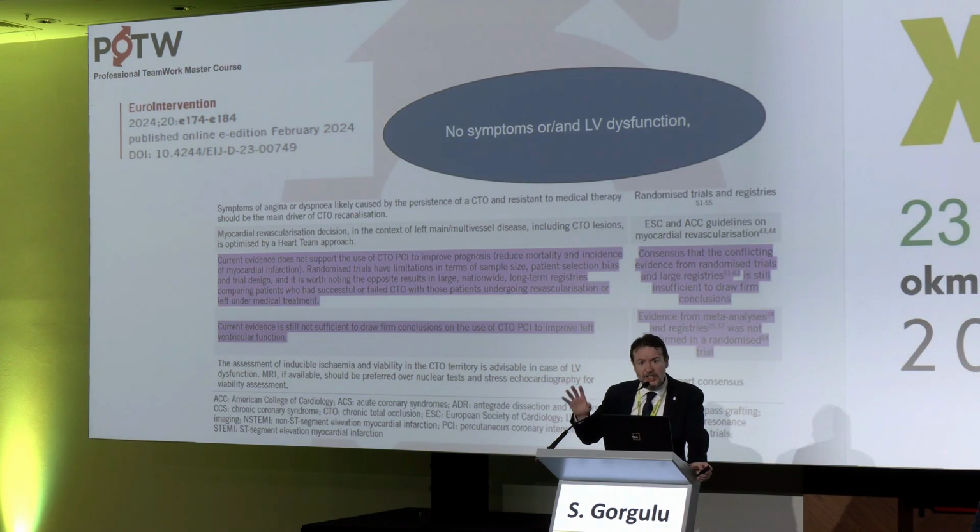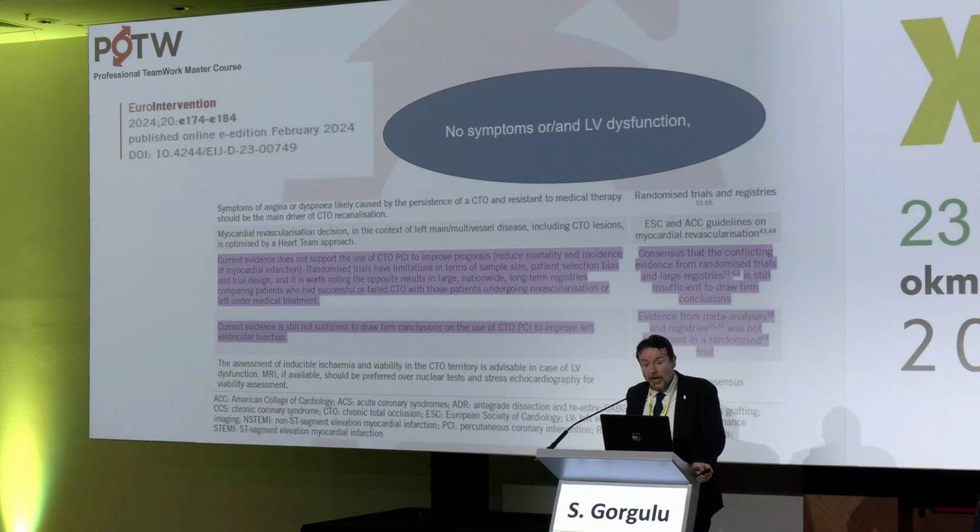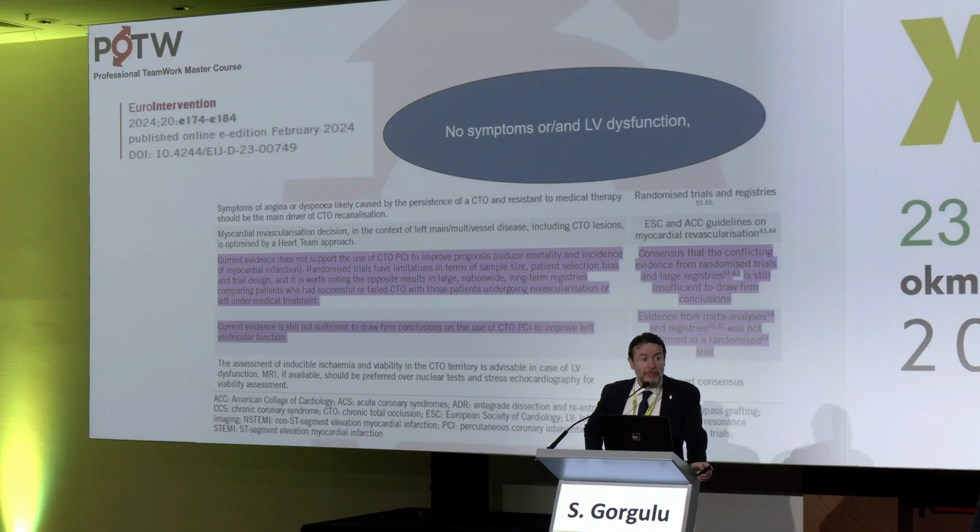But the patients that are under surveillance are the patients who have no symptoms, but the goal is to improve the survival. Do we have evidence to improve the survival? Do we have evidence to improve the left ventricular function? Is this an indication to improve left ventricular function to do a CTO PCI? According to current consensus, unfortunately, no.